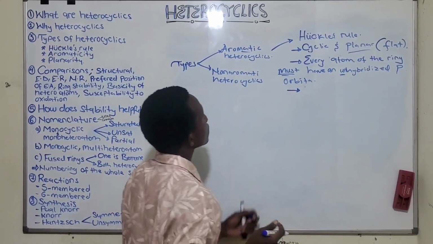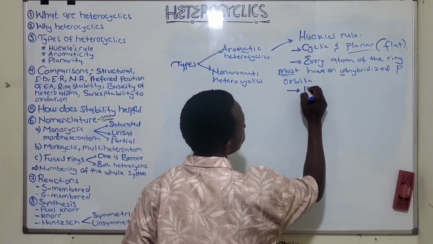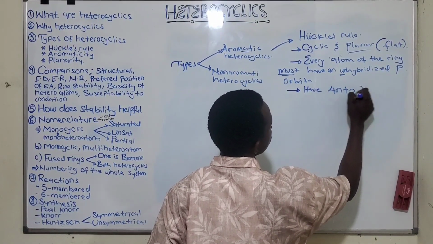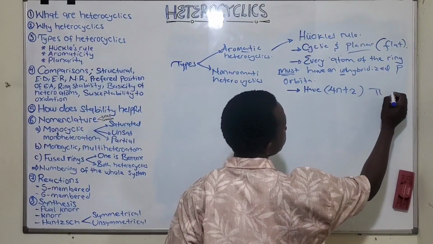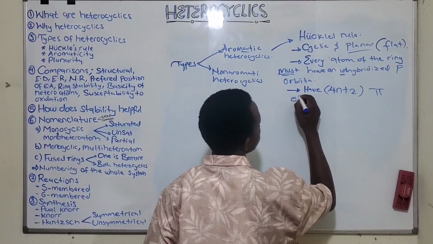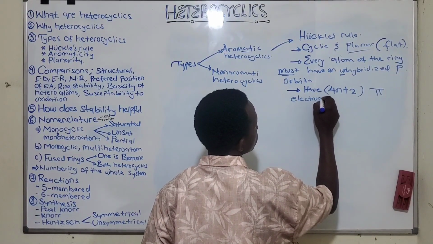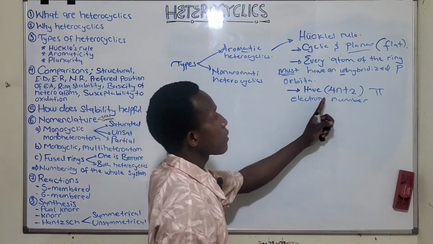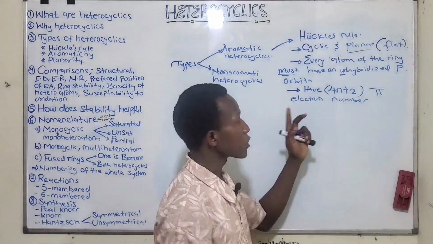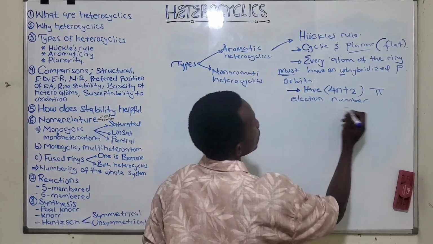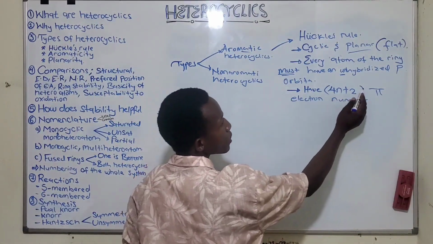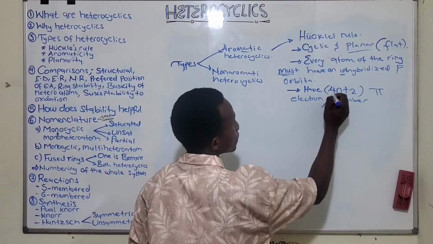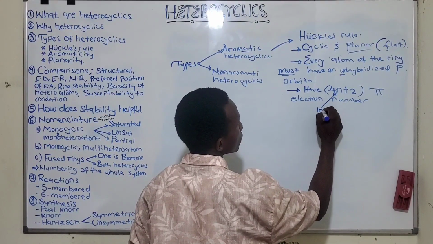So it should have 4n plus 2 pi electrons. Its pi electrons should be gotten by this formula, where n is an integer.